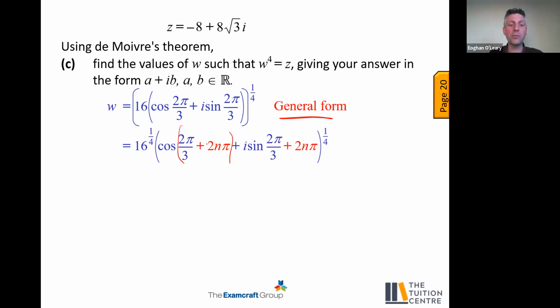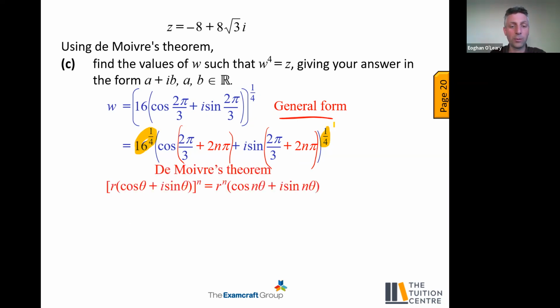So now my general form is going to be my 2 pi over 3 plus my 2 pi n, both in the cos and in the sin. I'm going to apply my de Moivre's theorem. The modulus gets raised to the power of 1/4. And the argument, the angle, is going to be multiplied by the quarter.